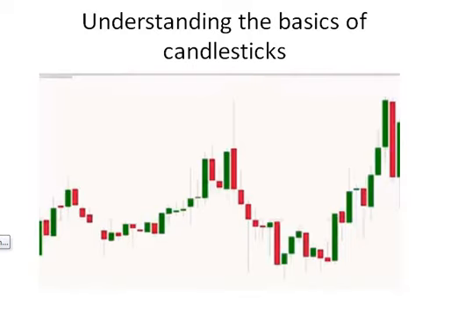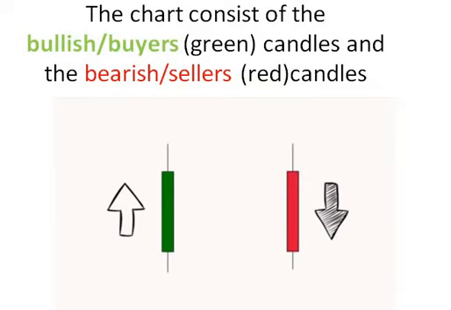Now, first of all, I want you to understand that the chart consists of the bullish, which is called the bias, or the green candle you see at the left here, and also the bearish or sellers' candle, which is the red candle you can see. The first one, the bias candle, begins from below and goes to the top.